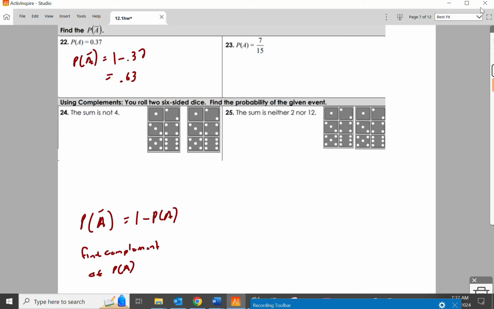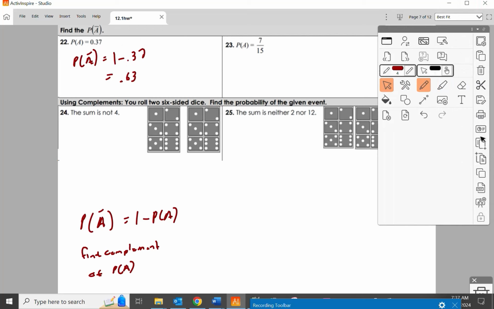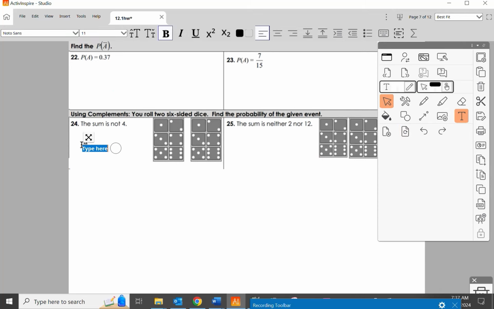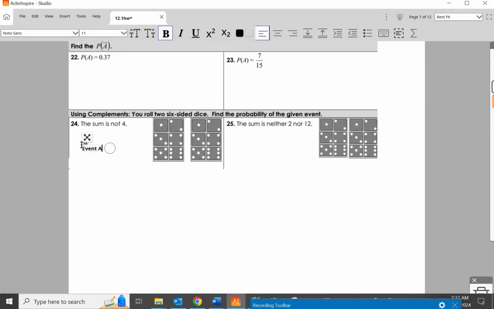Using complements, you roll a two-sided dice. Find the probability of the given event. All right, so first off, we're going to let event A be the sum is 4, and the complement would be sum is not 4.